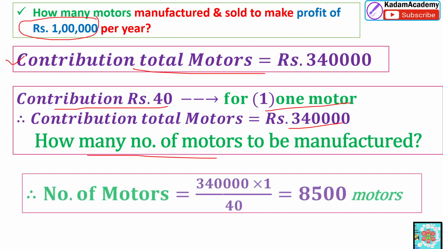You can calculate 3 lakh 40,000 into 1 upon 40. So at least 8,500 motors we have to manufacture to get the profit of 1 lakh rupees. This 1 lakh rupees we will get after manufacturing and selling the 8,500 motors.